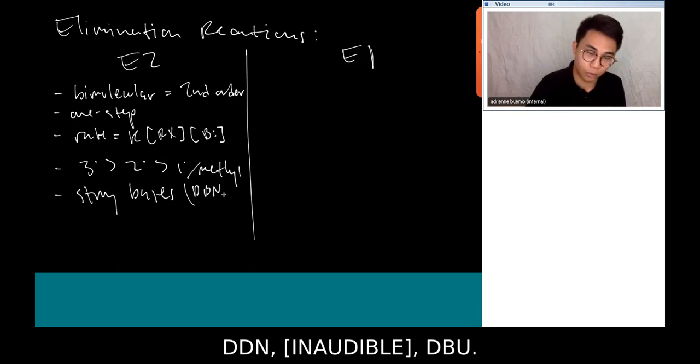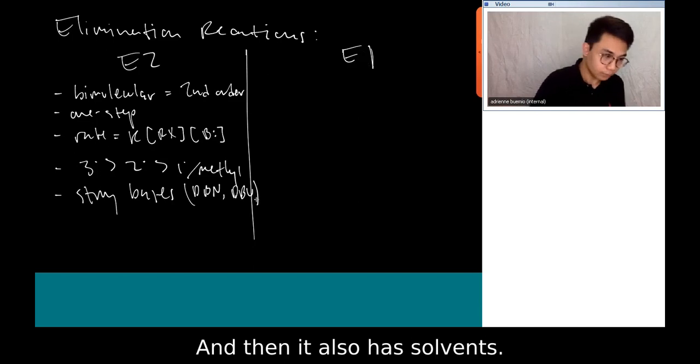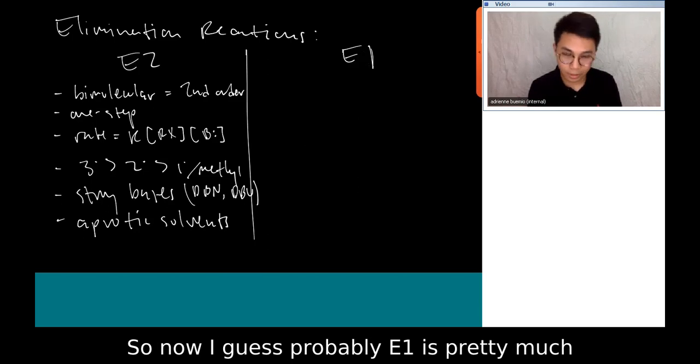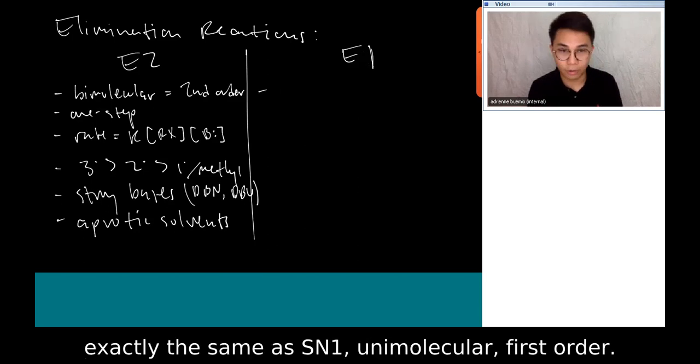These are the more usual ones, DBU, and then it also has solvents. Same thing with SN2, aprotic solvents preferred, right? So now you guys probably know, E1 is pretty much exactly the same as SN1, unimolecular, first order, right?